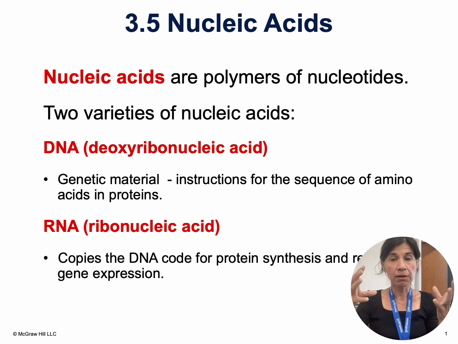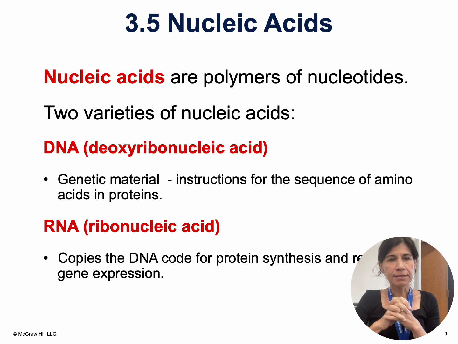And proteins are made up of amino acids. We talked about how there were 20 amino acids. Well, how does our body know how to make that protein and with what order to put the amino acids? Our body knows that because it's determined by our DNA. Our DNA is the code that tells our cells how to make our proteins.